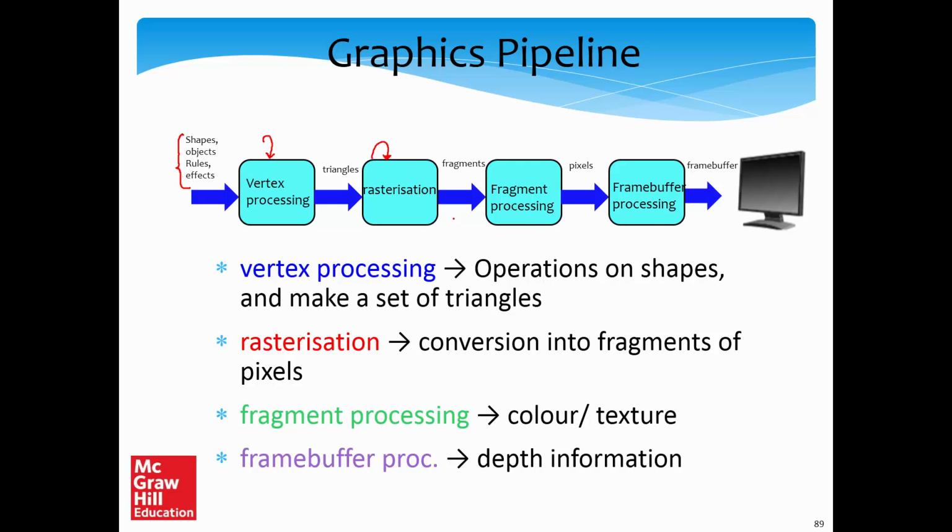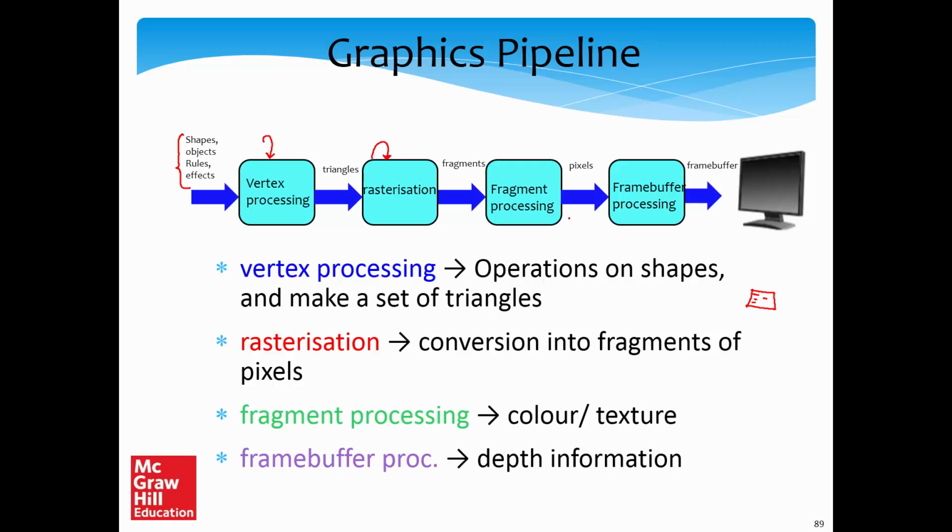So basically we'll take in triangles and make small fragments of pixels, right? And these fragments will go to a fragment processing engine, which will add additional color and texture information. For example, we will have a small rectangular fragment, and this can be a piece of wood. So the fragment processing system will actually make it look like it's a piece of wood.